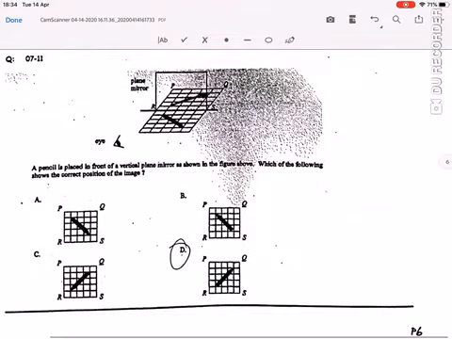Now, the last one. If you take a look at this drawing here, you've got an image of R, and then you've got P and Q on the top side. Looking at it, which of the following shows the correct position of the image?